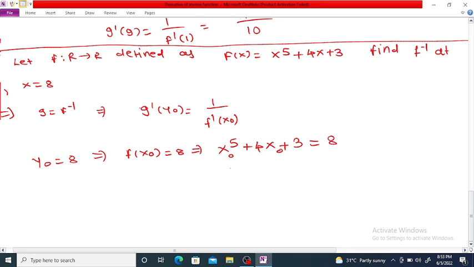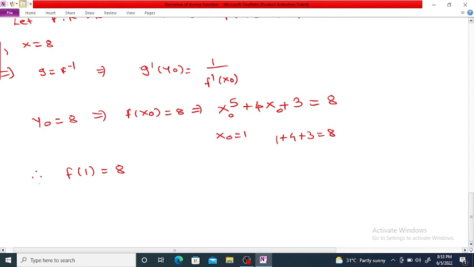Now if we select x0 is equal to 1, then 1 plus 4 plus 3 is equal to 8. And therefore f of x0, that is f of 1, is equal to 8, and therefore x0 is equal to 1.